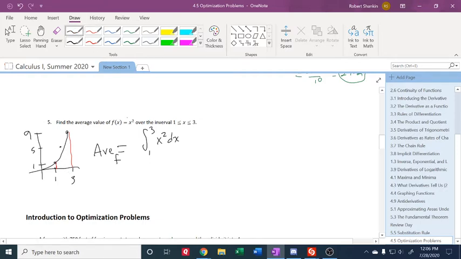But that's not the average value. If I then divide it by the width of that rectangle, I must be getting the height that I would need to get all of this area in that blue rectangle to be the same as the area underneath the curve.